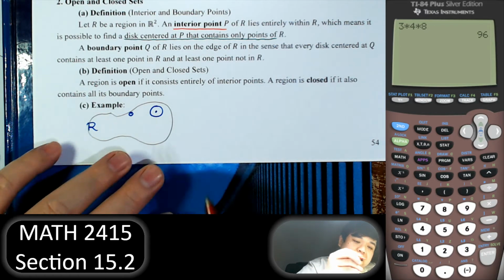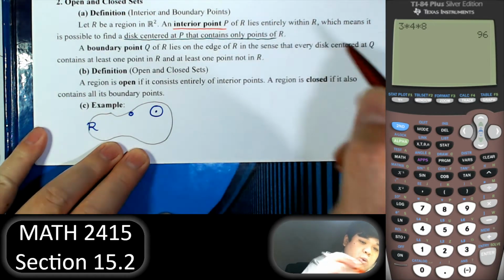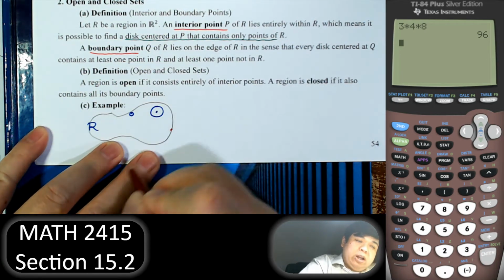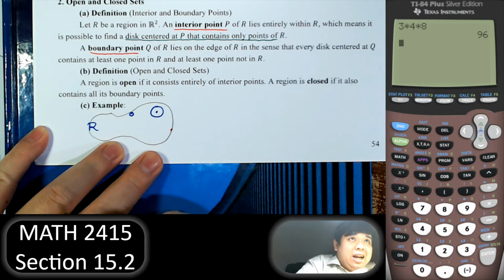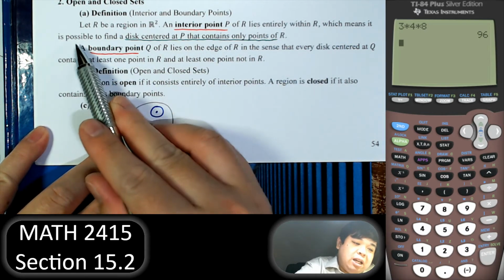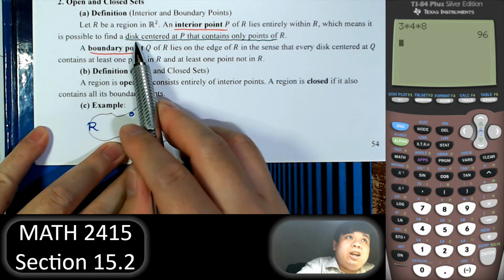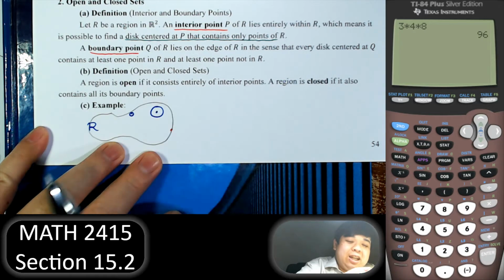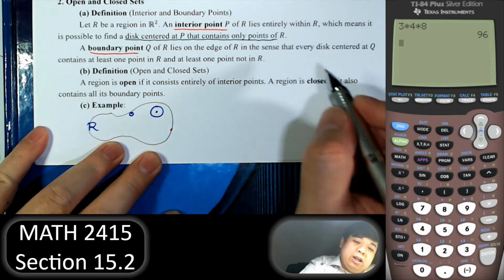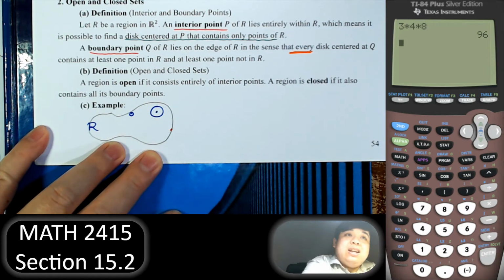Right. Next, a boundary point. The language here is actually very precise. When we say interior point, we said it is possible to find a disk. Whereas here we say for a boundary point, every disk.